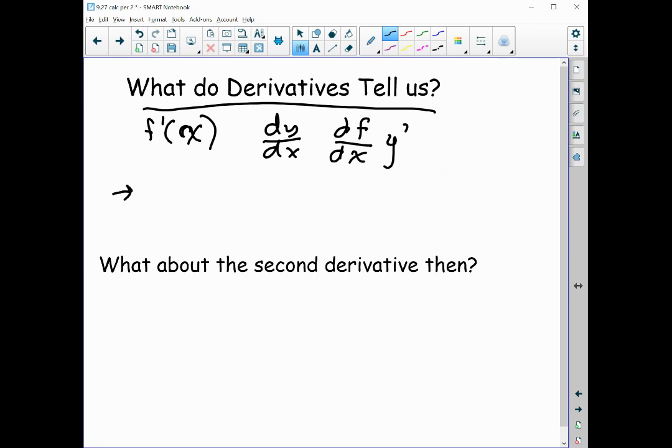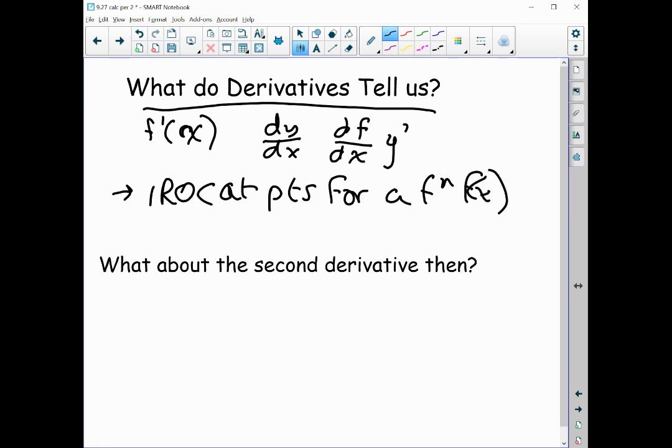Well, it gives us the instantaneous rate of change at points for a function f of x. It gives us the slope of each of those points. And in a situation, what that does is it tells us what the rate of change of a function is, or how a function is changing.